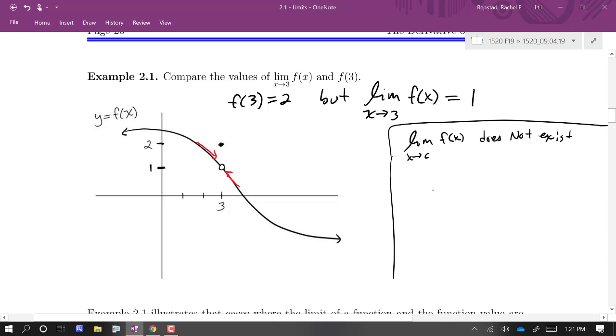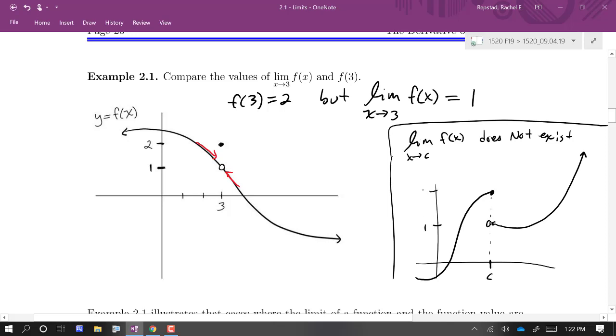This isn't the only way it could happen, but maybe I have my curve that does something like this. The limit doesn't exist because if I approach c from the left, my y-coordinates approach 2, but if I approach c from the right, my y-coordinates approach 1.